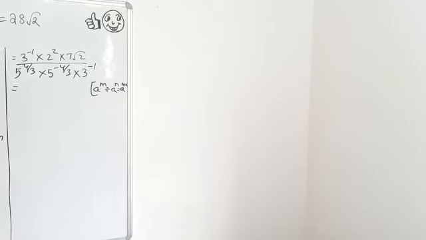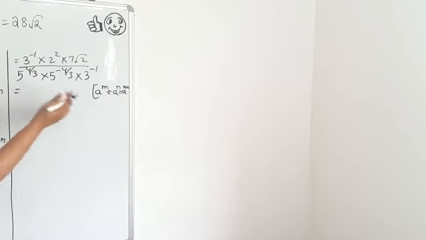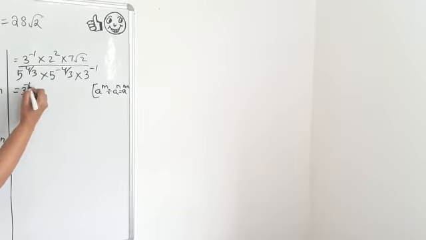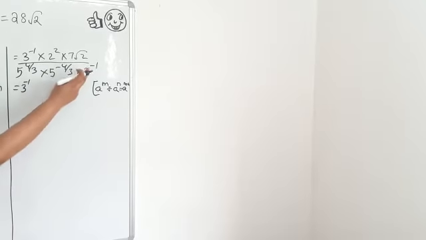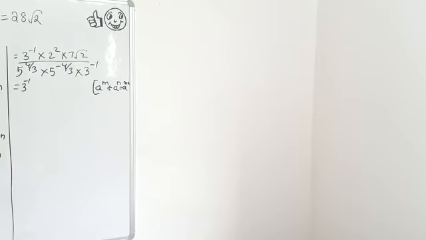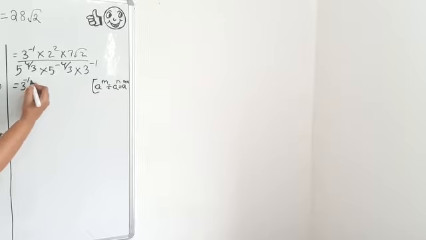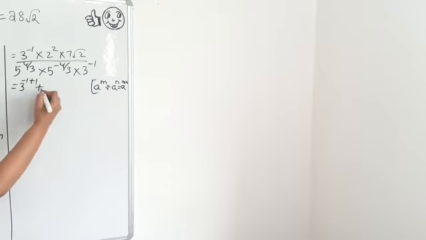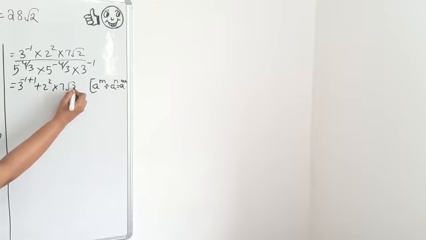So this will become m minus n. We can cancel directly, or using the law of exponent, this will become 3 power minus 1. Already a minus sign is there, and in the formula 1 minus is there, that minus will become plus. So this will become 3 power minus 1 plus 1, 2 square into 7 root 2.